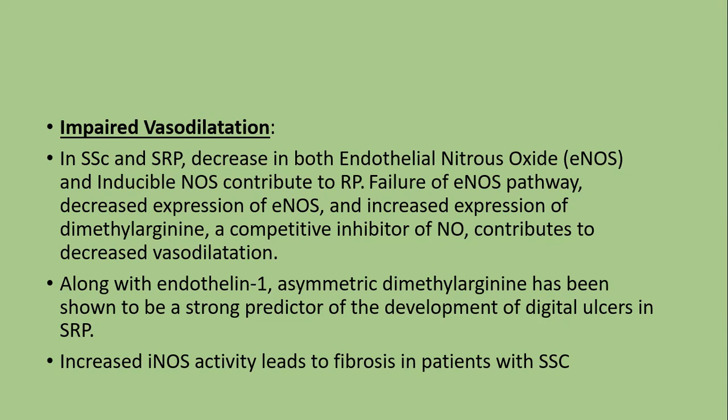The failure of the nitric oxide pathway and increased expression of asymmetric dimethylarginine, which is a competitive inhibitor of nitric oxide, all contribute to the vasoconstriction and decreased vasodilatation, along with increased endothelin-1.